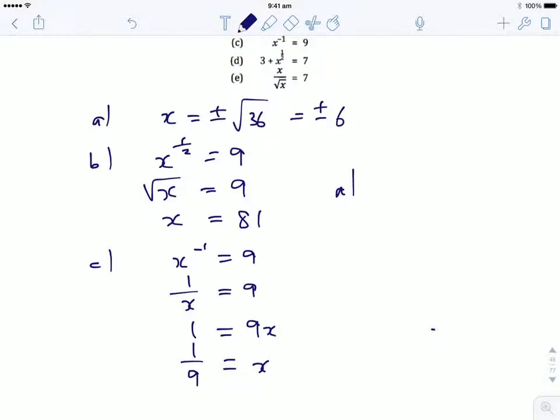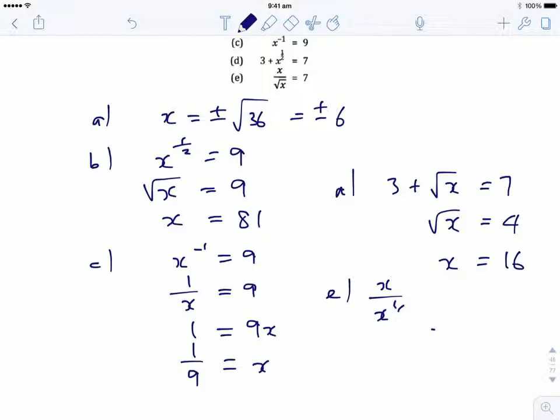In D, 3 plus x to the half is equal to 7. So the square root of x must be 4. So x must be 16, squaring both sides. E's the trickiest one here. x divided by the square root of x is x divided by x to the half.